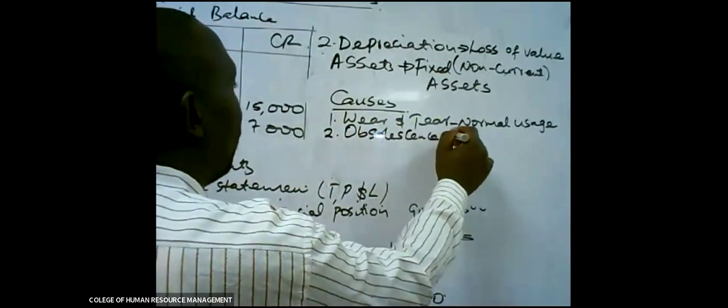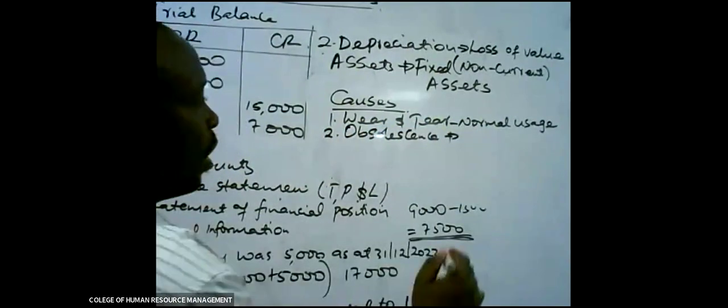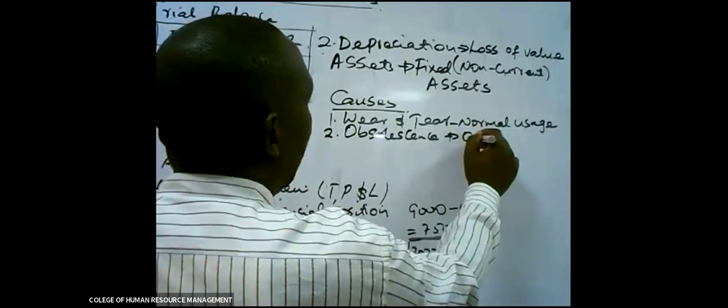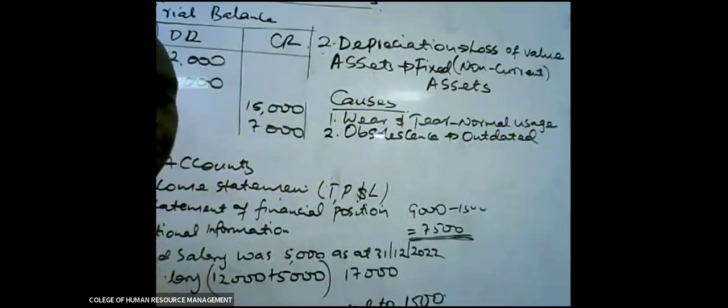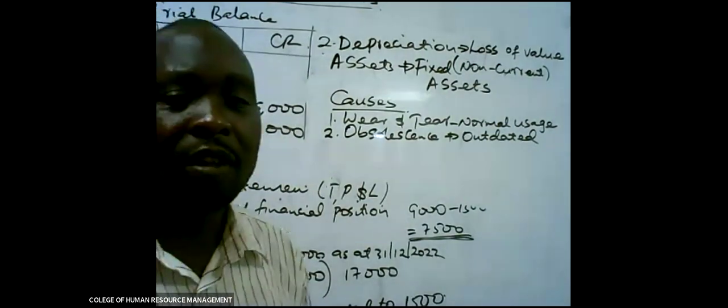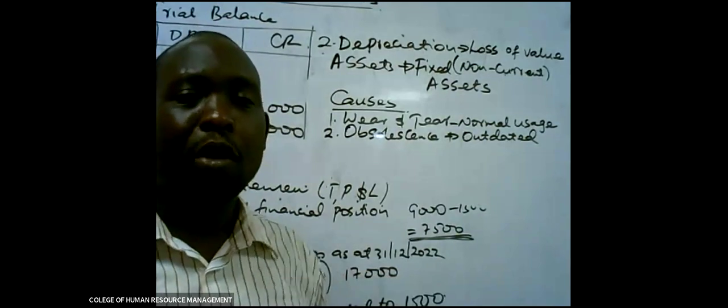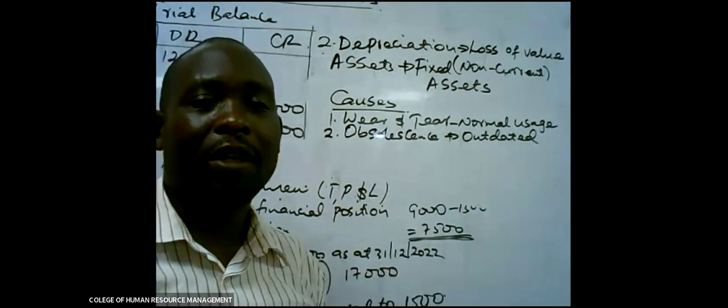Some assets, they become obsolete as time goes by, and here we mean they become outdated due to changing technology. As you use, remember they are going to be in the business for quite a number of years. As they are used in the business in those years, new and efficient models might come into the market.